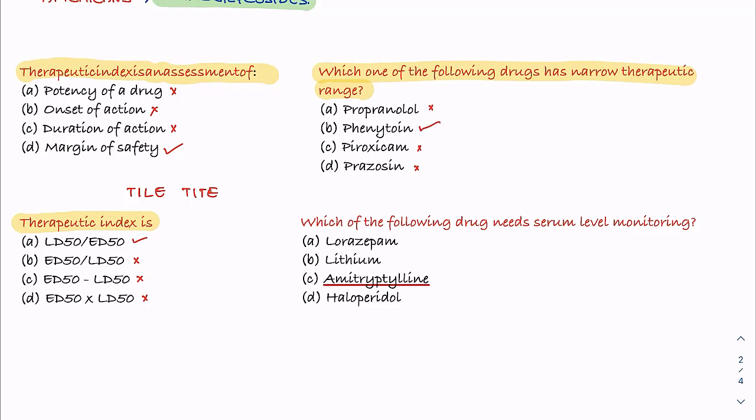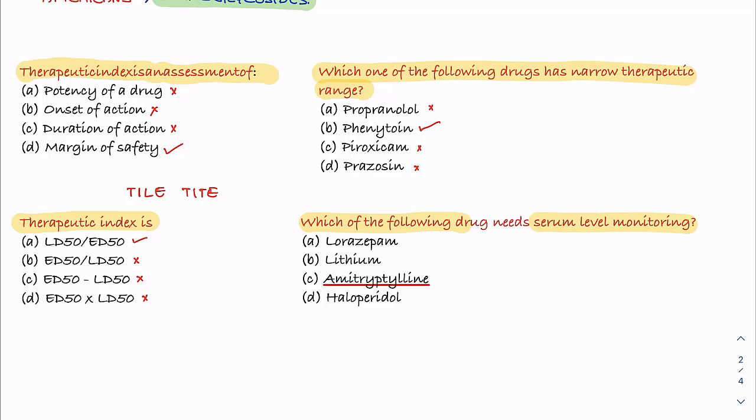Moving on to the next question: which of the following drugs needs serum level monitoring? As we discussed, drugs having a narrow therapeutic index require therapeutic drug monitoring, which is nothing but measuring the blood concentration so that the drug remains in the therapeutic range. Let us see the answer.